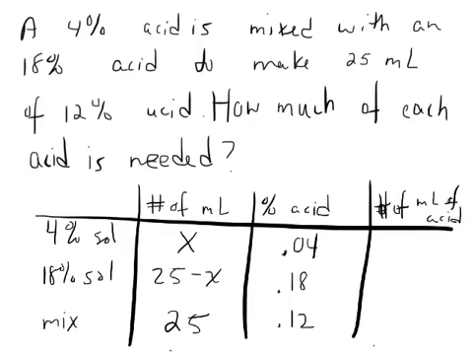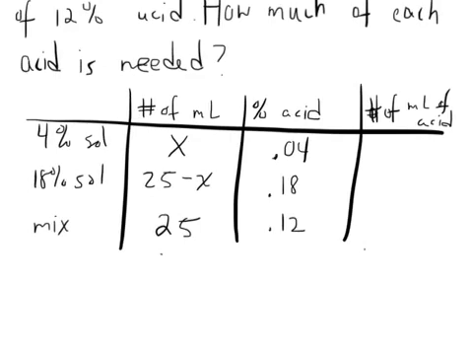So what do we get in the third column from this? What does the third column look like, Ryan? X times 0.04 for the first one, 0.04 X, and then 25 times 0.12; we can put that in parentheses for now. Yeah, you just multiply that. 0.12 times 25. What do we get for that?